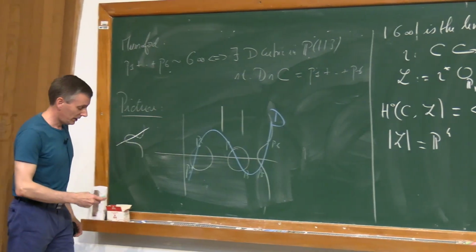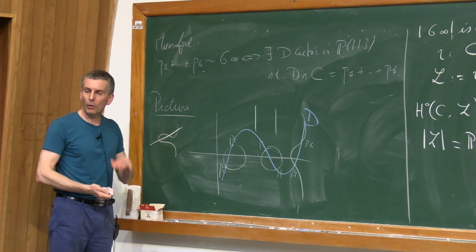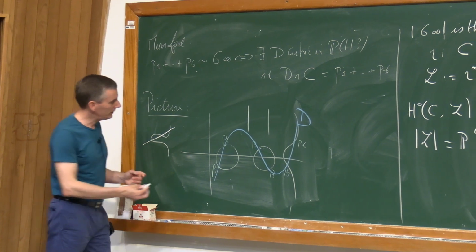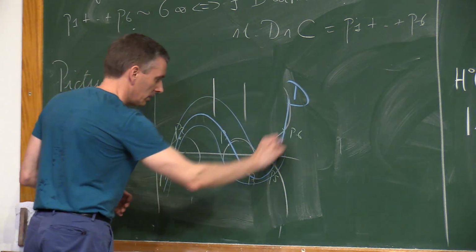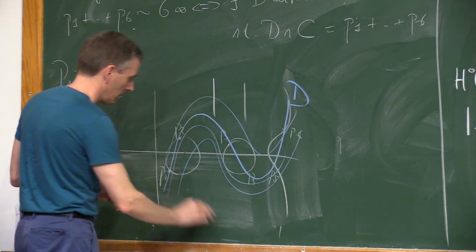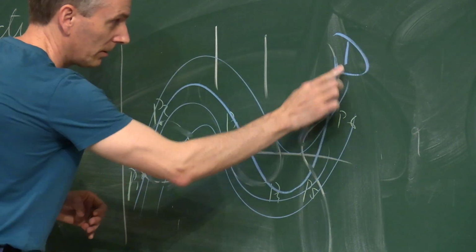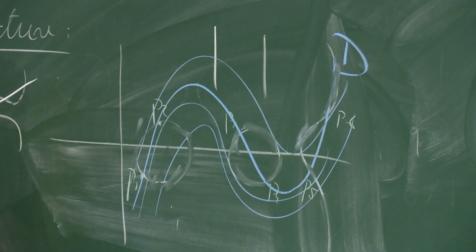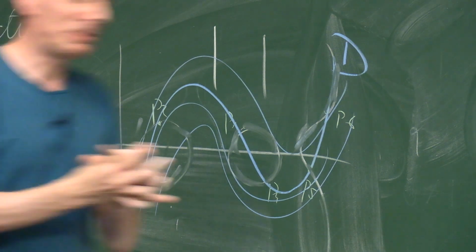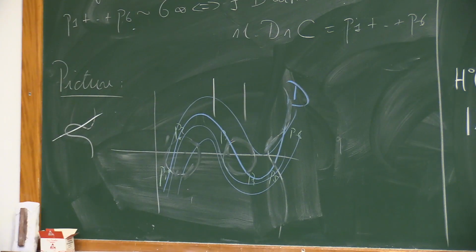And the dream that we started years ago was to say, if we want to get 1 more parameter of deformation, the idea is to keep the cubics and forget the curve. And for the moment, we have no idea what this means. But it should make sense to get one deformation more. But this will be next time, maybe. Thank you.